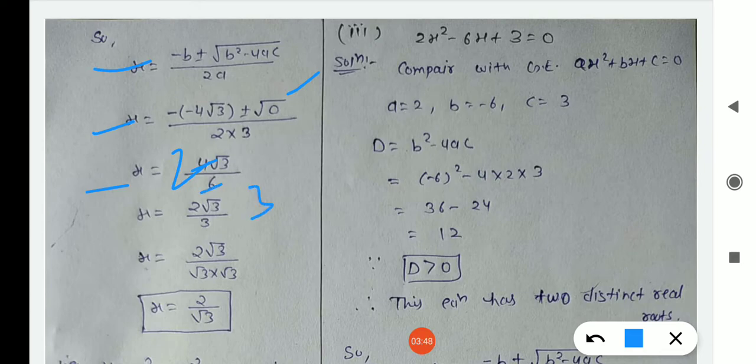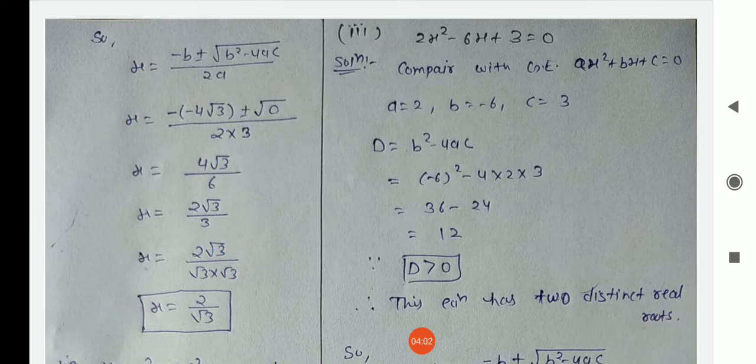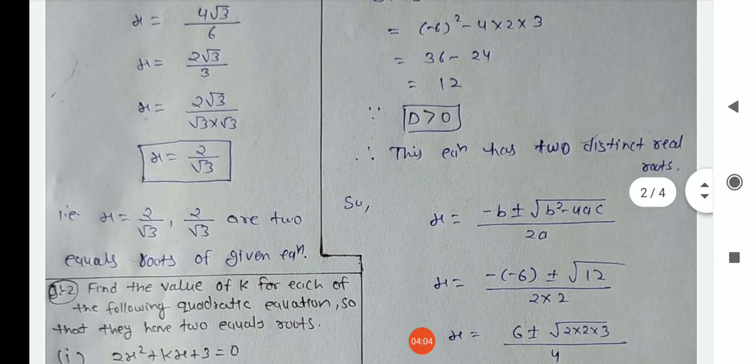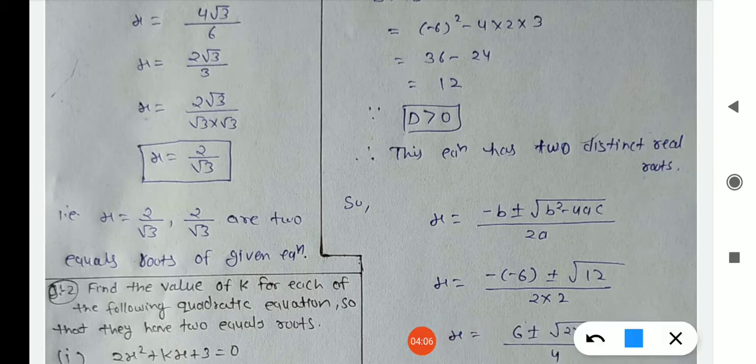Now I write 3 as root 3 into root 3, so root 3 cancels out, and simply we get 2 upon root 3. The roots are real and equal, so x equals 2 upon root 3 and 2 upon root 3 are the two equal real roots of the given quadratic equation.